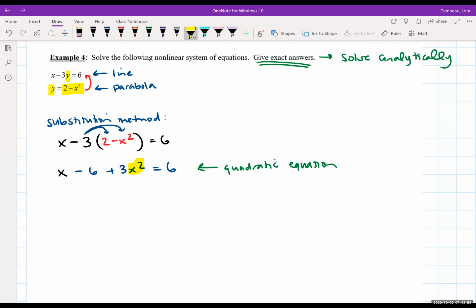So now we get to incorporate the other methods of how we would solve equations. In particular, for a quadratic equation, it's useful to recognize it. Maybe I'll put this in descending order. I have 3x squared plus x minus 6 still equals 6.